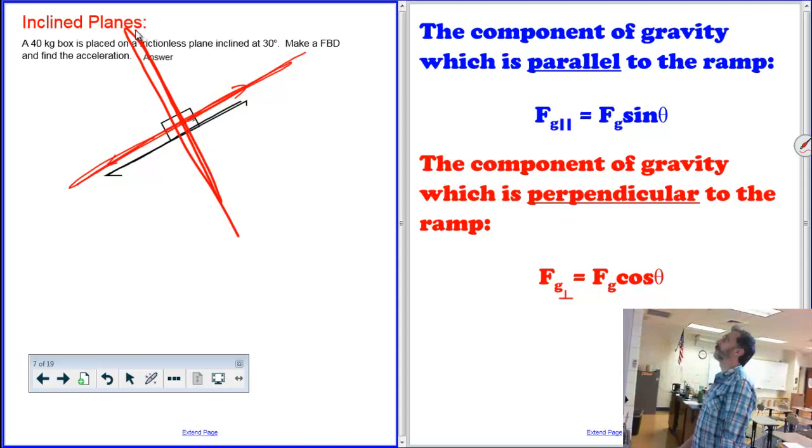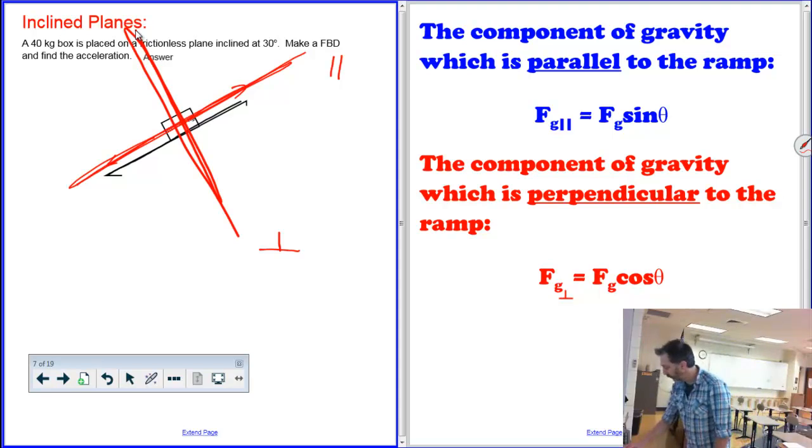So instead, we're going to call our axes parallel and perpendicular. This ensures that our motion occurs on one of our axes, in this case the parallel axis, and it simplifies a lot of the calculations. But there is one problem.